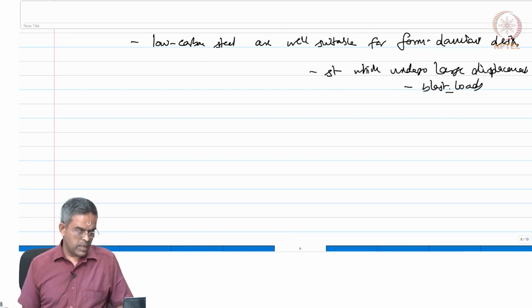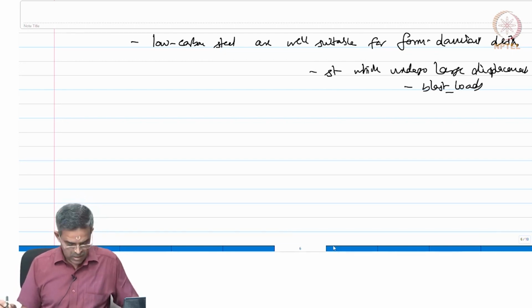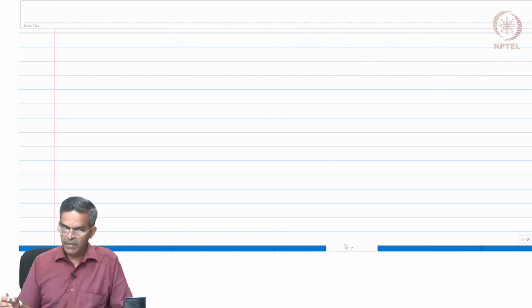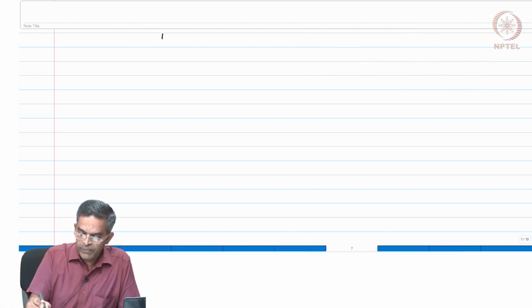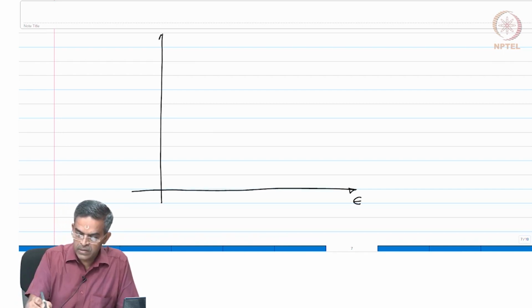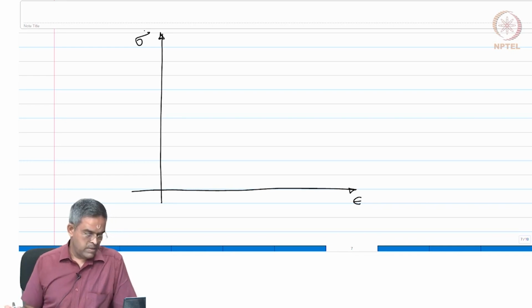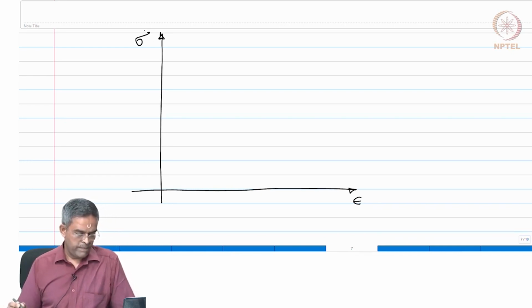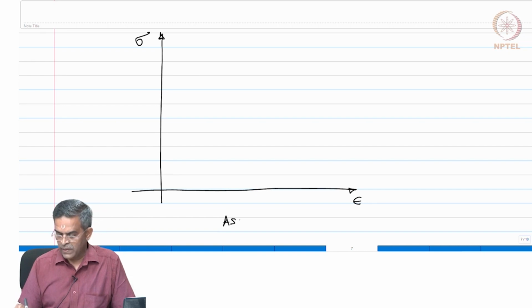So, let us quickly look at the typical stress strain curve as given by the ASCE manual. This is a typical stress strain curve from ASCE manual 42.